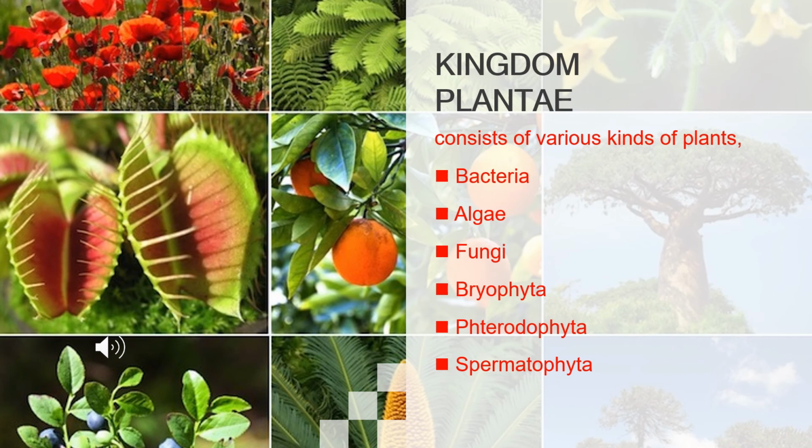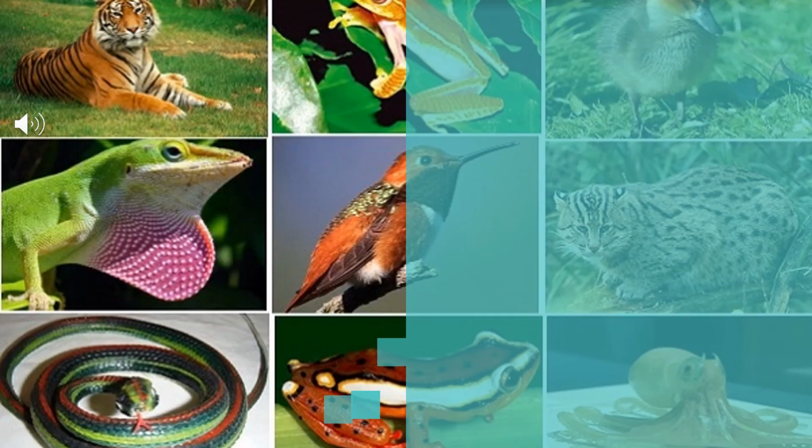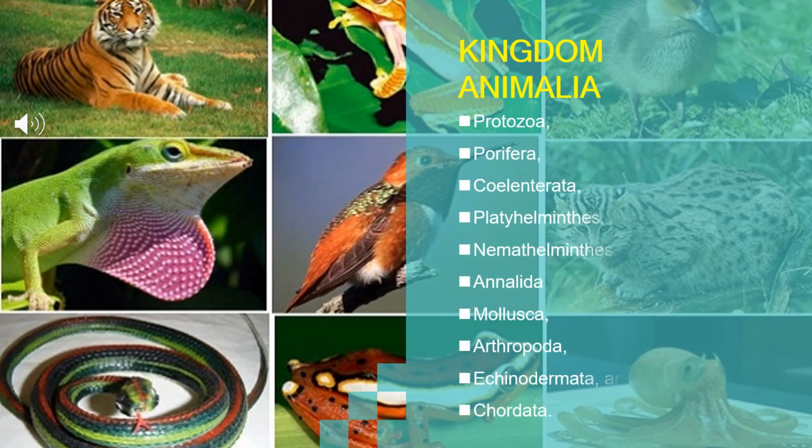He said that PLANTAE consists of various kinds of plants. As you can see, bacteria and algae, also fungi, are classified as PLANTAE, and the rest are the same as the previous kingdom classification system. And for kingdom Animalia, basically it's also similar to the previous one.